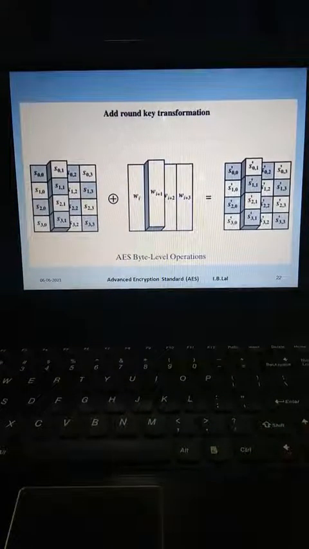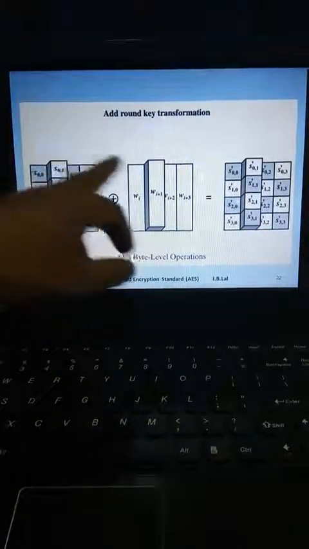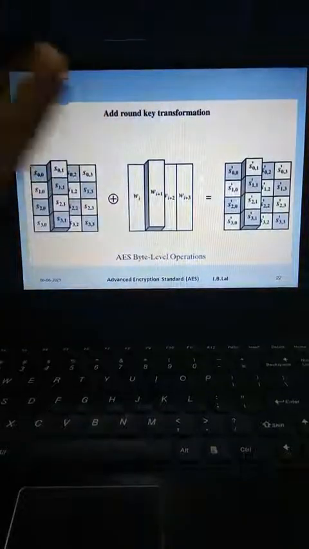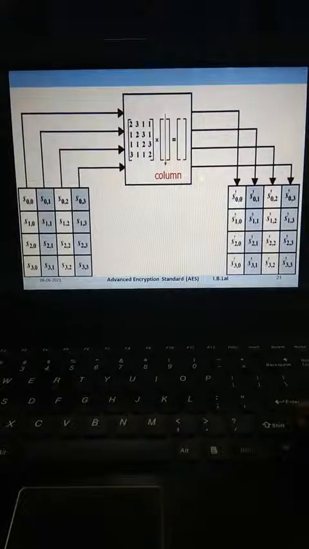One word of this state matrix, this result, is XORed with W0, the second with W1, and so on. Now this is the final output that enters into the second round, third round, fourth, fifth, sixth, seventh, eighth, ninth, and in the 10th round there is no mixed column process, and after the 10th round the output like this becomes the ciphertext. So that's all about AES. Thank you.